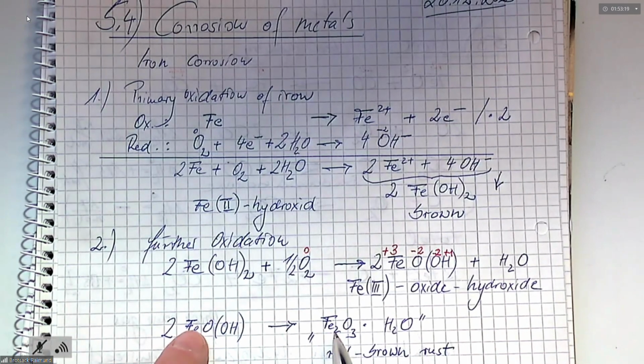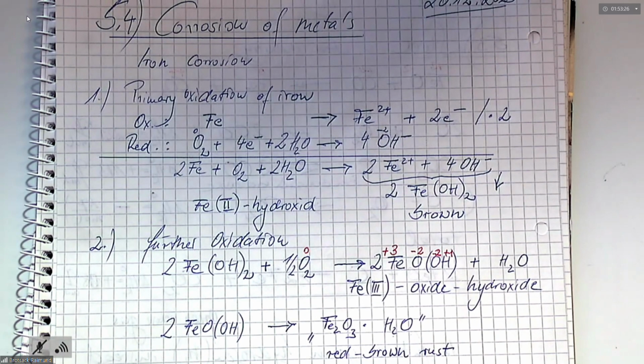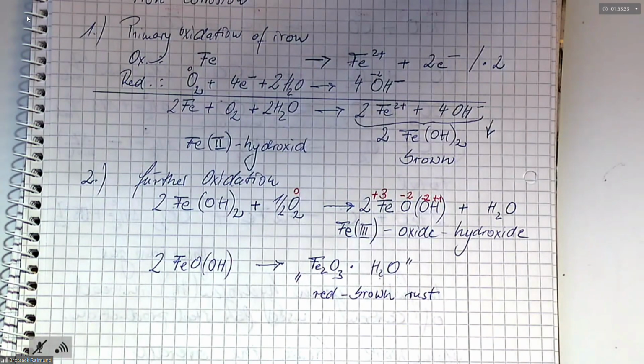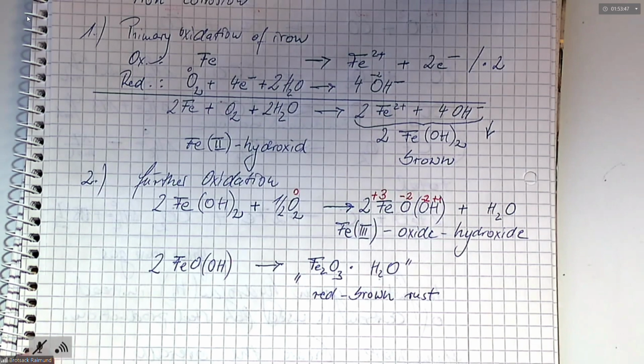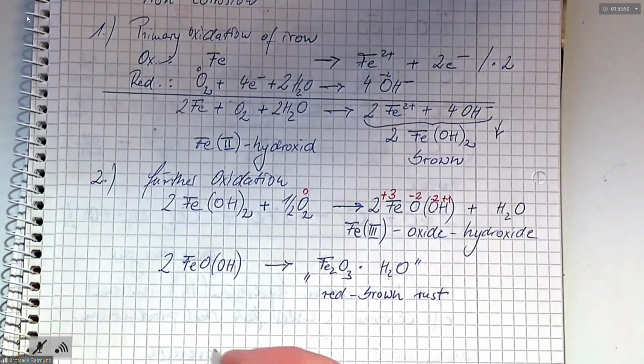We have 2 iron, we have 4 O, and we have 2 hydrogen. That is just a rearrangement of the atoms in this molecule. That's the first step, and then it's forming the Fe2O3 with a crystal water in the surrounding. So this is a mixture of different iron oxides with different hydrate water content.